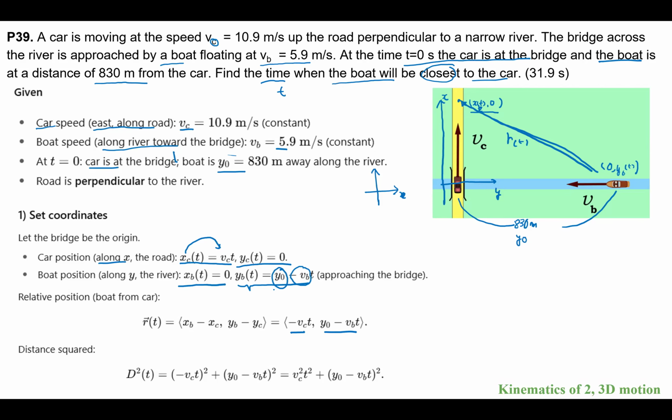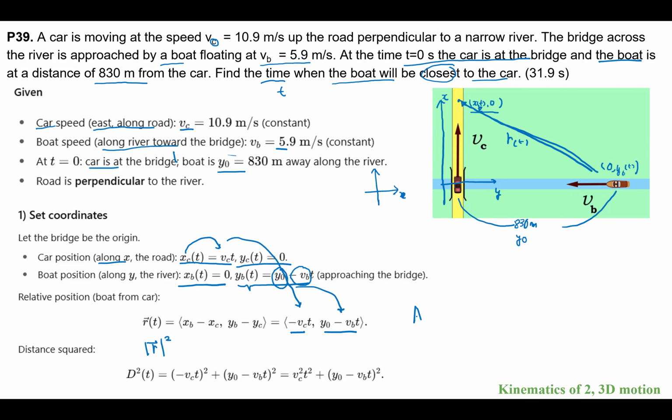So we know what y_b(t) is, and we know what x_c(t) is. This is our coordinate, and the distance, or L squared, is the sum of its components squared.